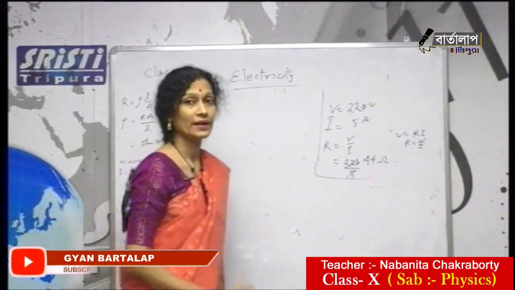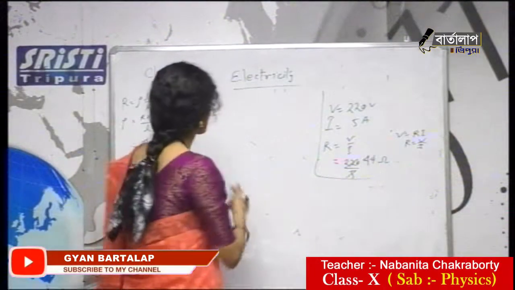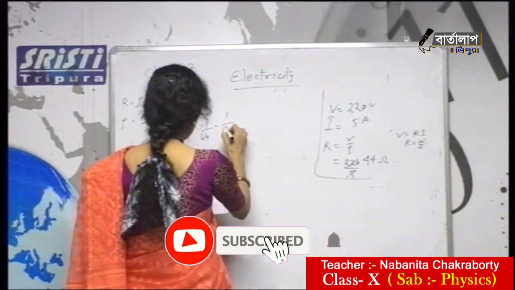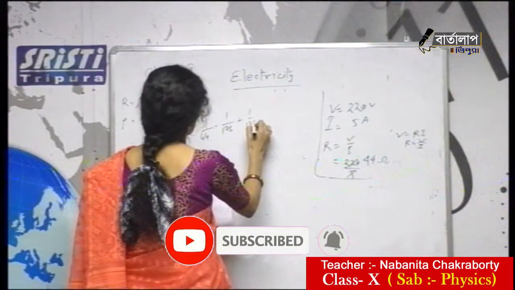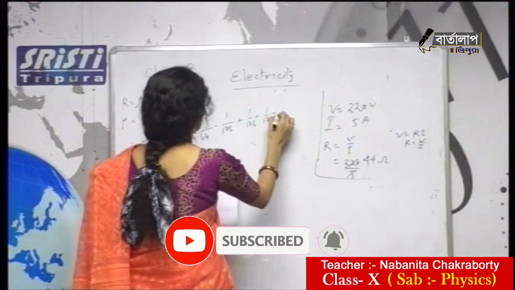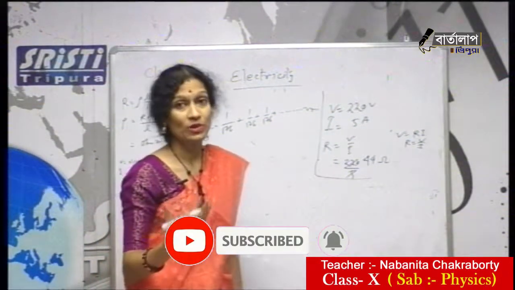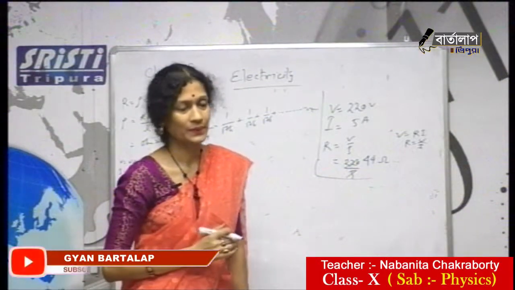Now I have to find how many. That means 1 by 44 equals 1 by 176 plus 1 by 176 plus 1 by 176 plus n times. You don't know how many, so you have to find the value of n.